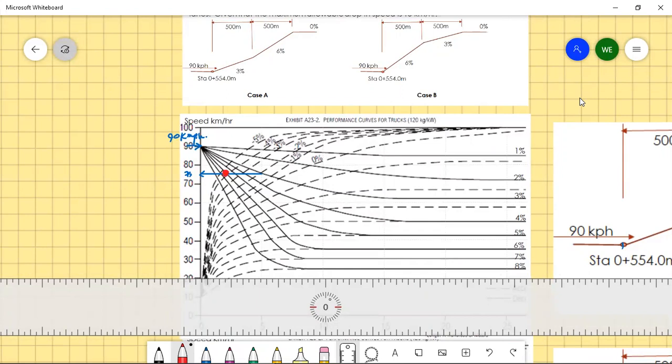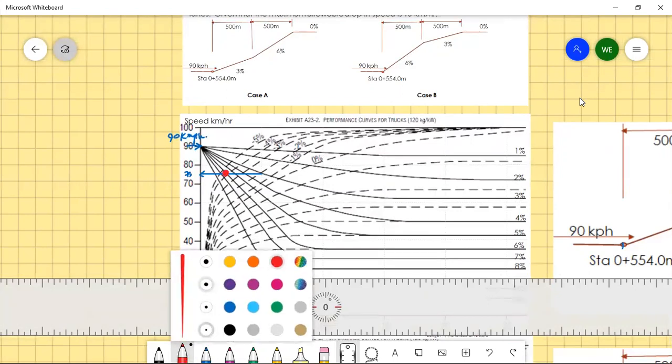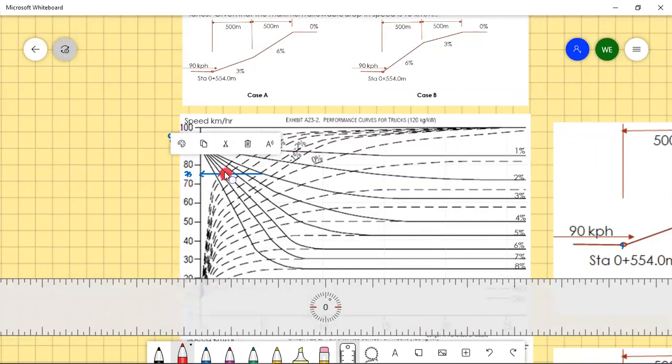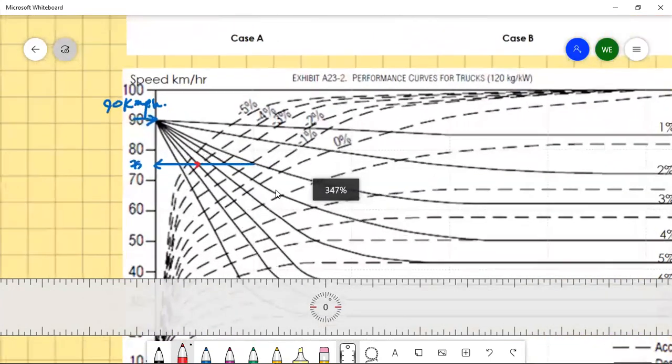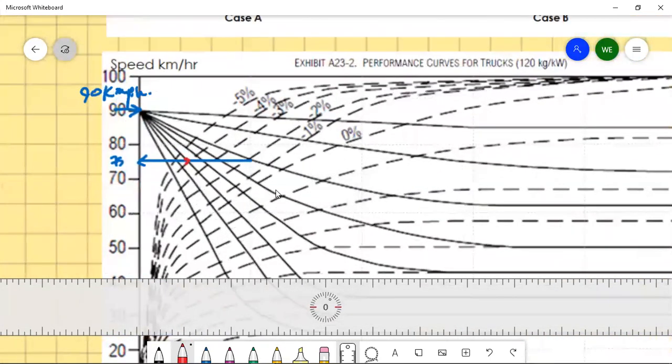Okay, let me just change the font. That's the entry speed at this point. It's going to drive for 500 meters. 500 meters is almost the same as this distance. So let's just draw here a distance like this.